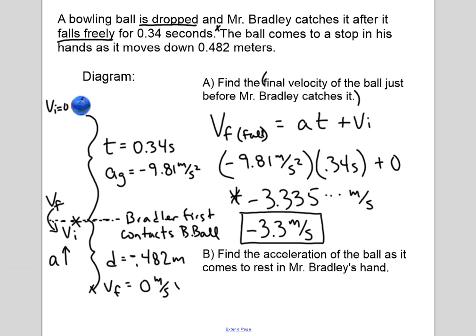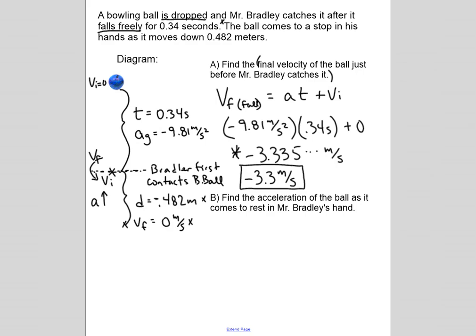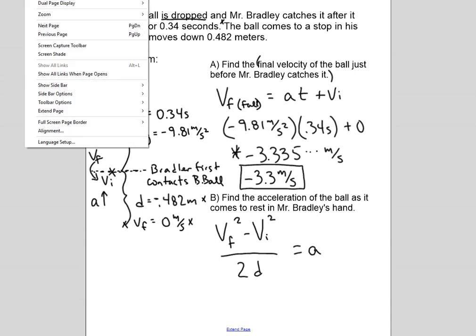We've got Vf for the time it's in his hands, and we've got distance, so we can pick an equation. The equation would be Vf squared minus Vi squared over 2 times the displacement will be the acceleration. Now, we have to be very careful with plus minus when we use this equation in this situation. I'm going to widen this so we can see a little bit better.